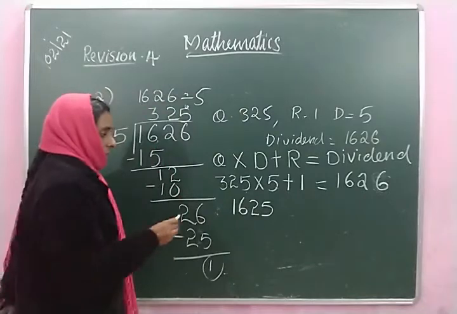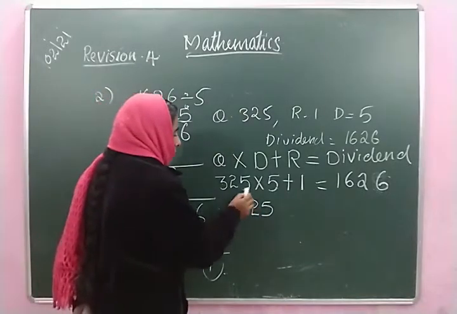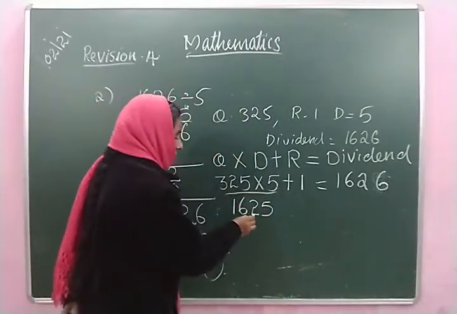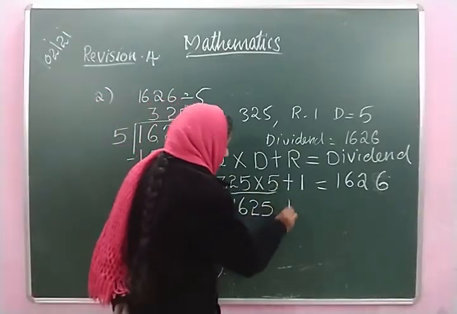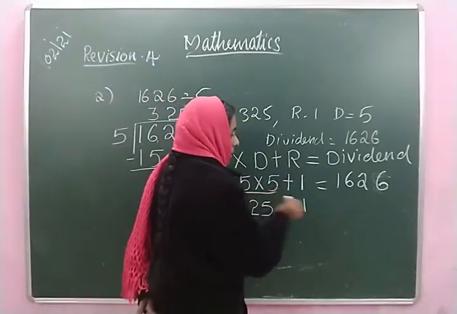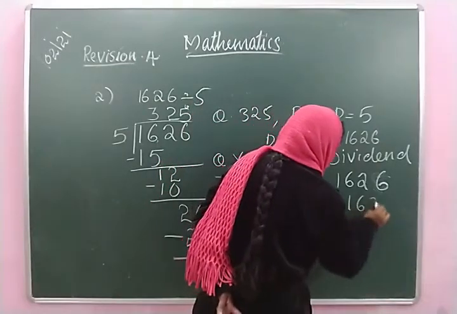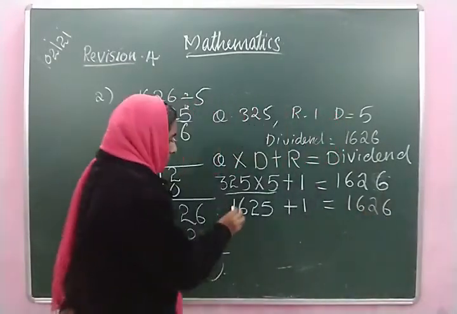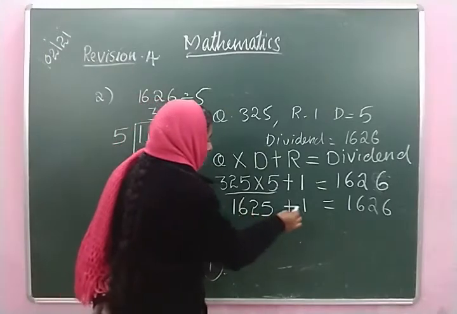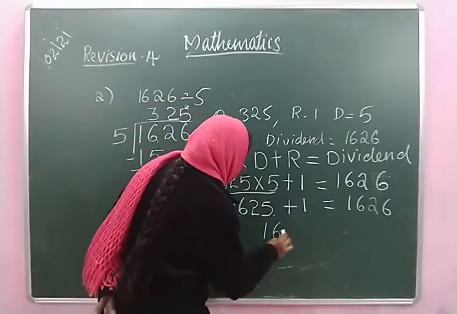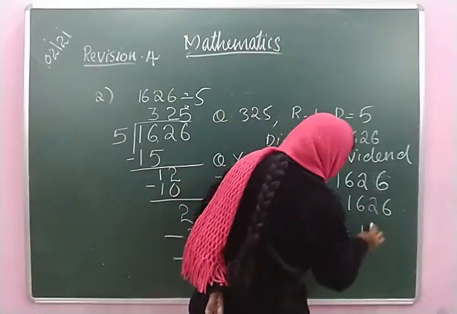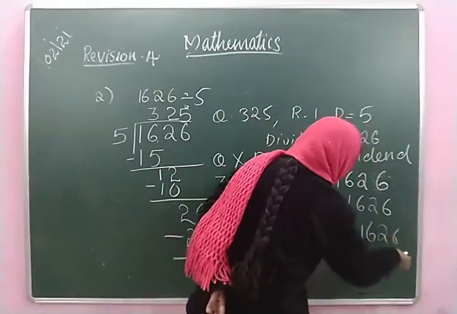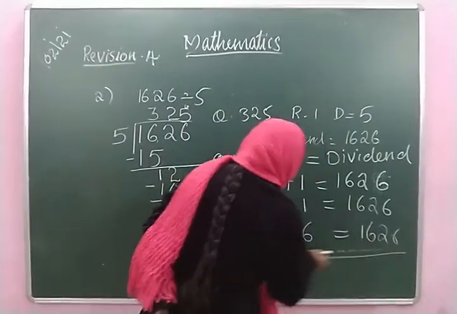After doing this multiplication, we have got 1625. Then plus 1 is equal to 1626. That side also 1626, 1626 is the dividend. Now both sides are equal.